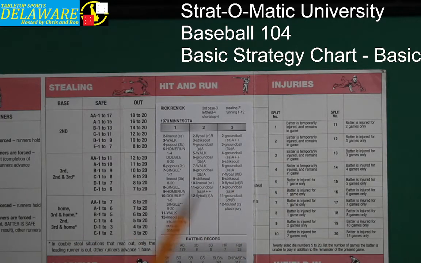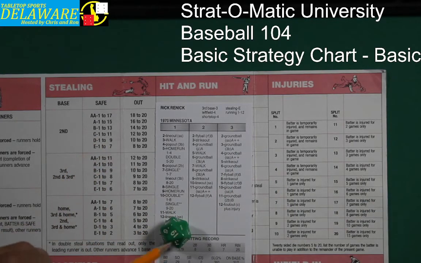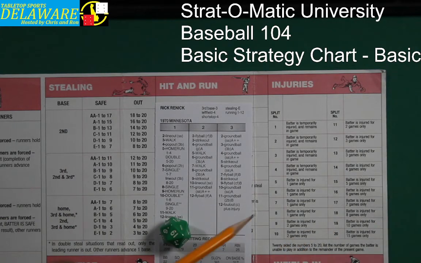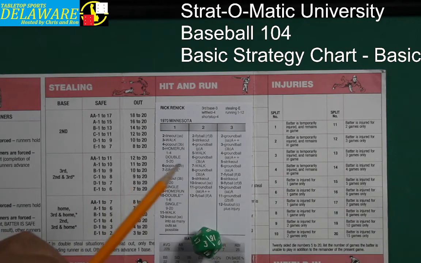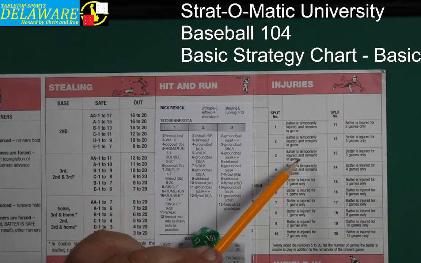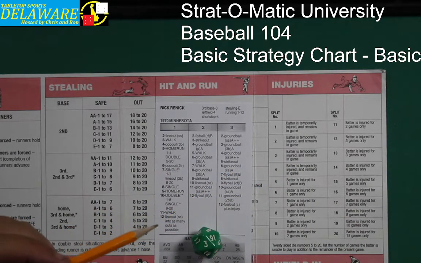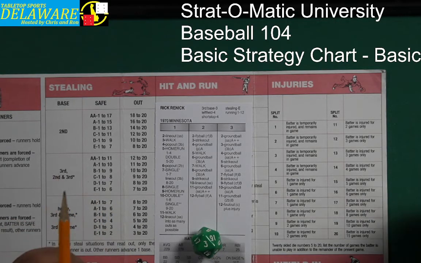You're going to roll that, 19, batter is injured for 10 games only. If it were to have been a 3, batter is temporarily injured and remains in the game. A little stinger, sprain the wrist, shake it off, tweaked ankle, comes back in.